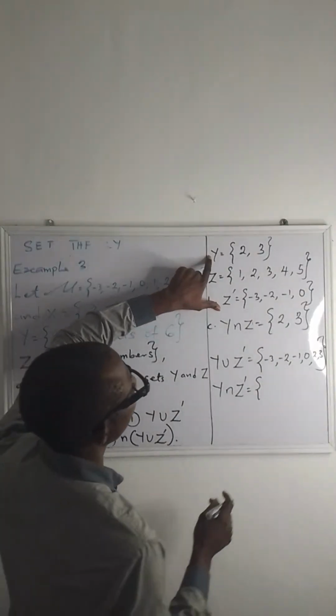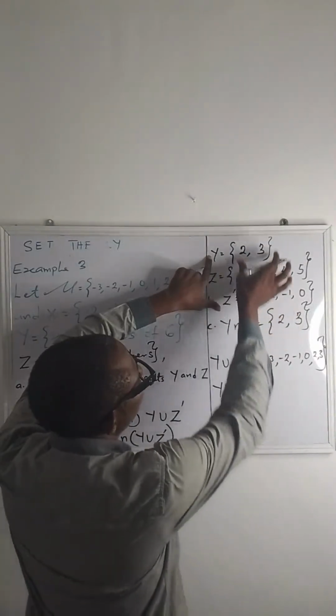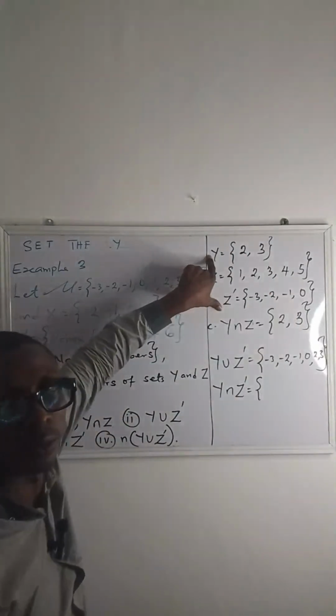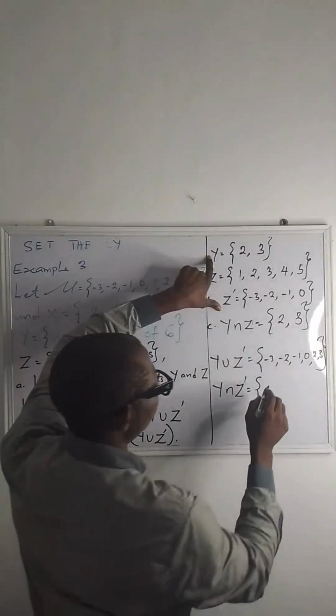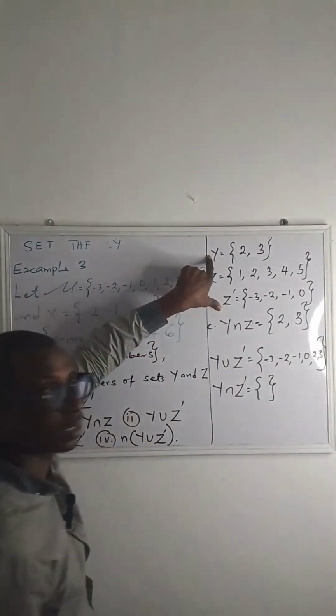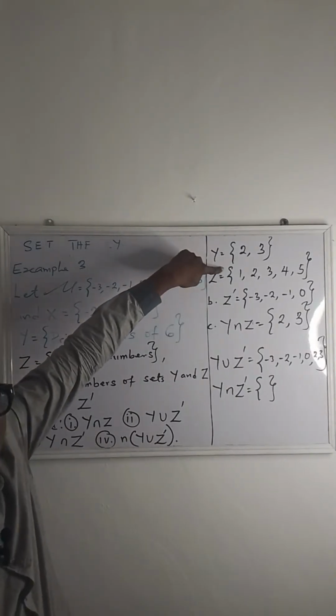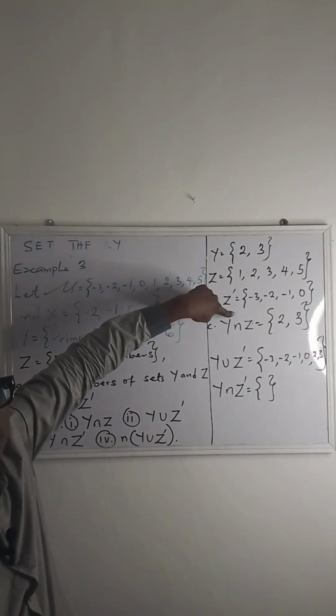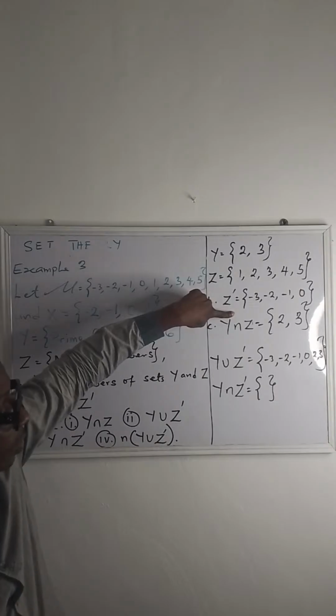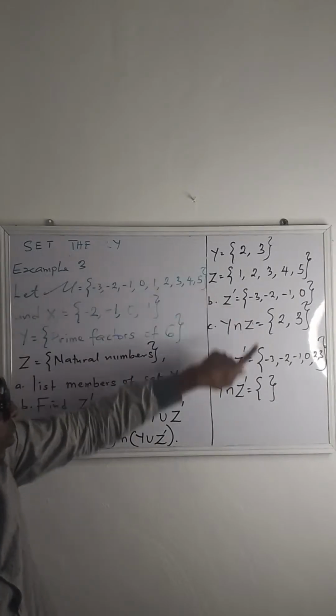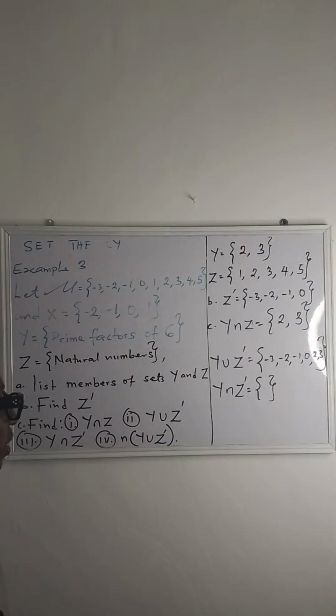Do we have any elements that are in the two sets? No. So the solution to this is going to be a non-set, or an empty set, because there's no element that is in Y and is also in Z complement. So that answers that.